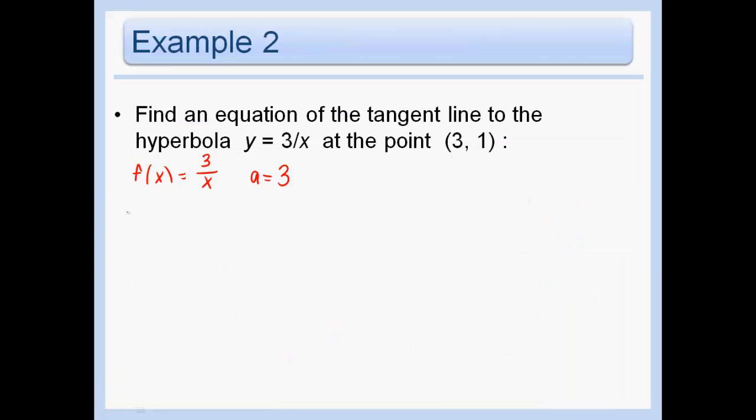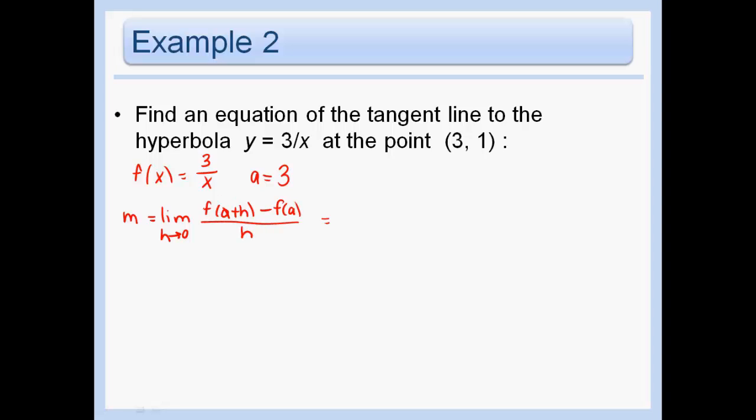So since I'm doing the problem, I get to decide, and I'm going to use the limit as h approaches 0 of f of a plus h minus f of a all over h.